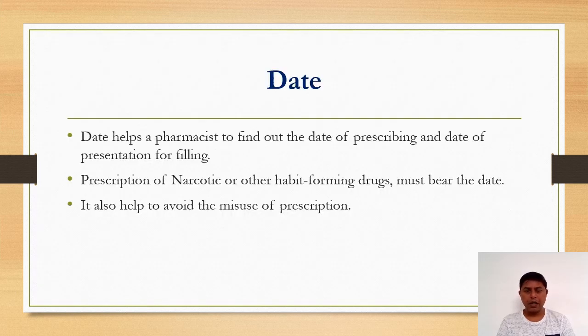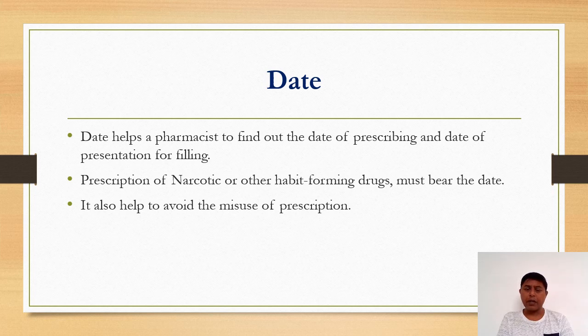Now, in the parts of prescription, the first part is the date. The date helps a pharmacist to find out the date of prescribing and the date of presenting for filling the prescription.